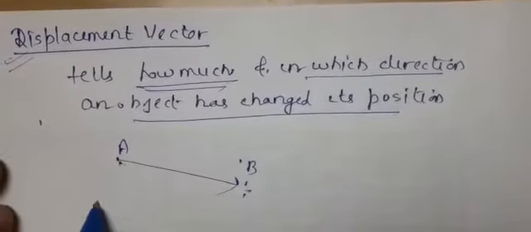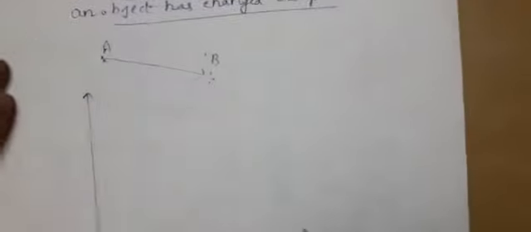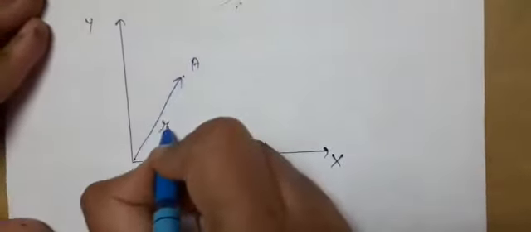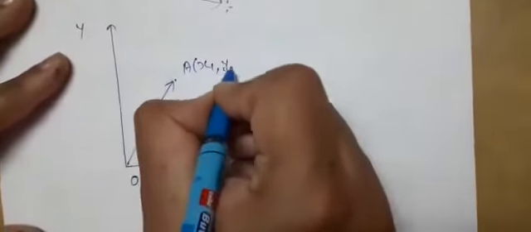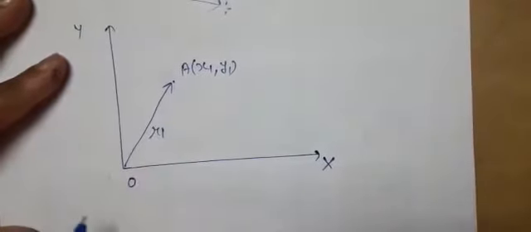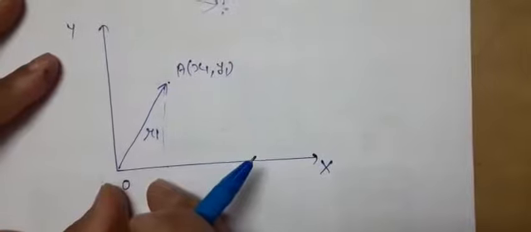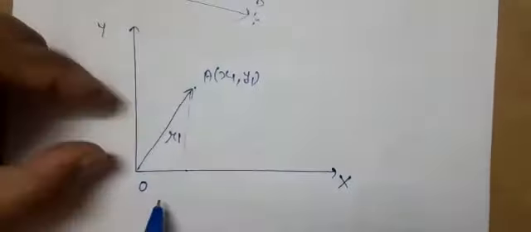As we have explained the concept of position vector, let the initial position be A, and let the initial position vector be R1. Let this position have the coordinates x1, y1. Suppose corresponding to the x-axis this distance is the x coordinate x1, and the corresponding y coordinate is y1.